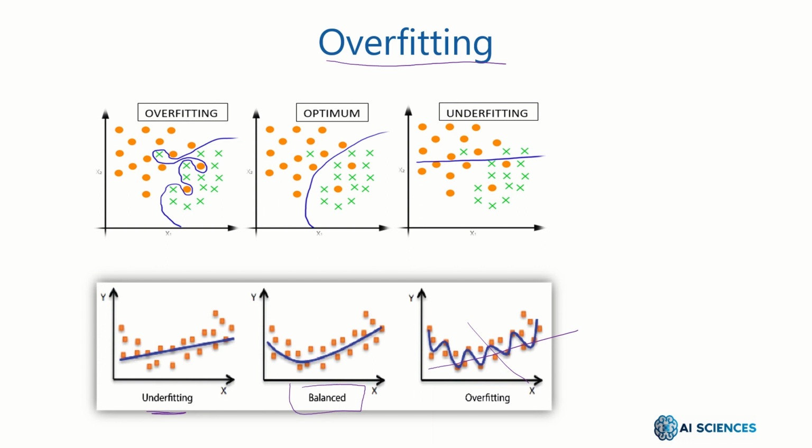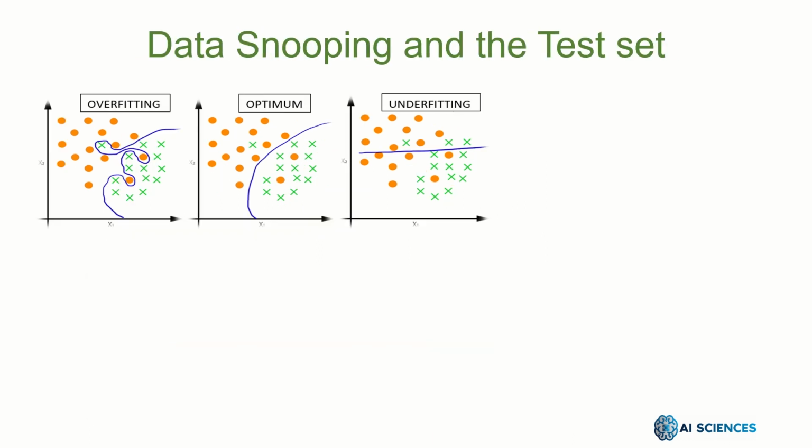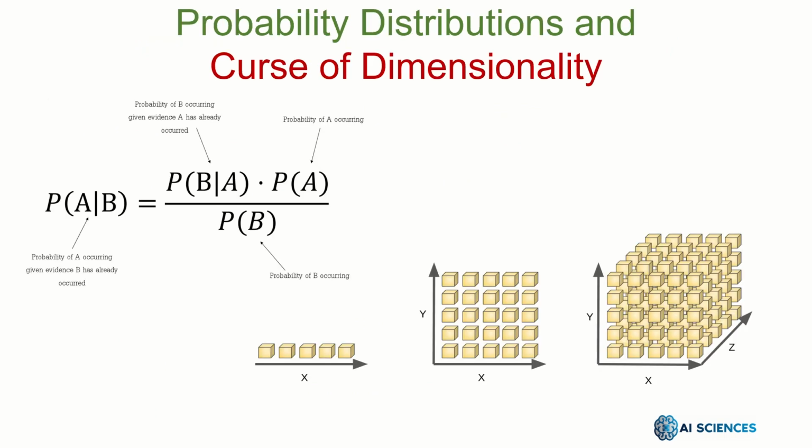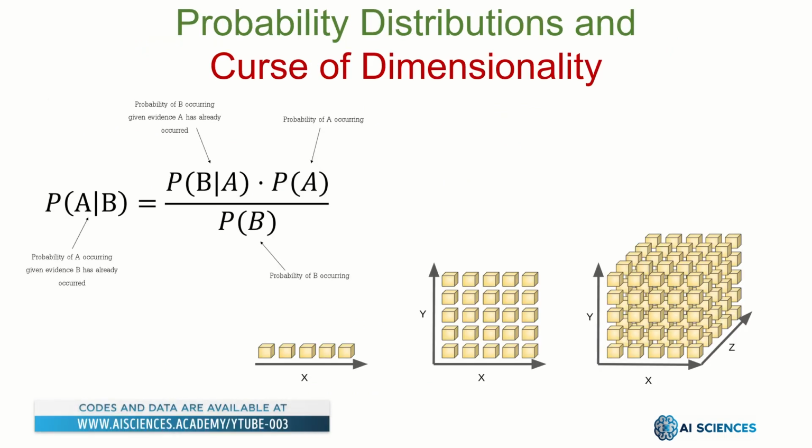Along with that, let's code, for example, a face recognition application in the next video, whole code from scratch. We will be doing one project, the face recognition project, along with deep learning concepts, data snooping, generalization, cross-validation, probability distributions and the curse of dimensionality.